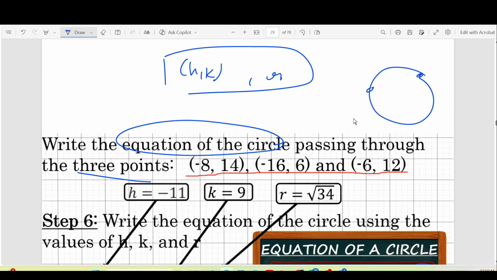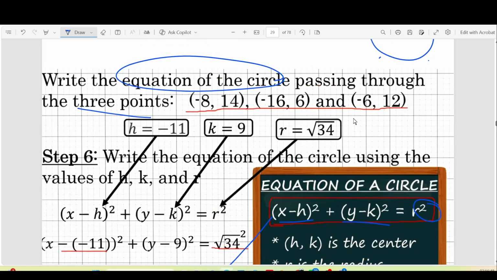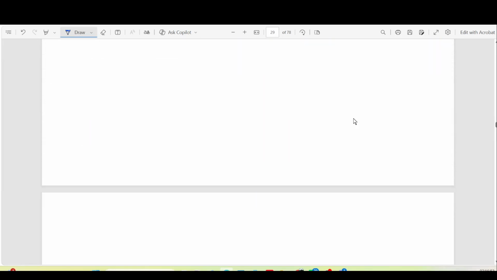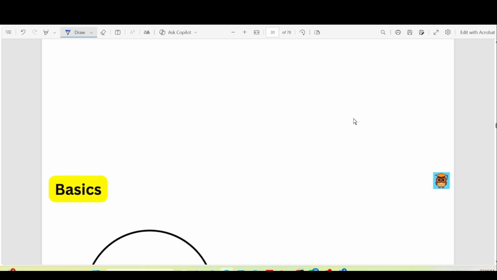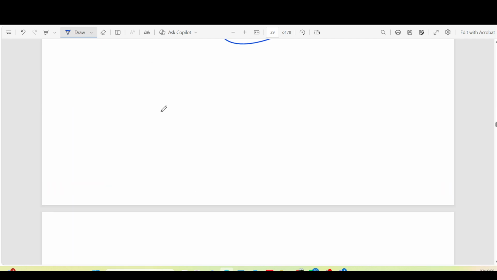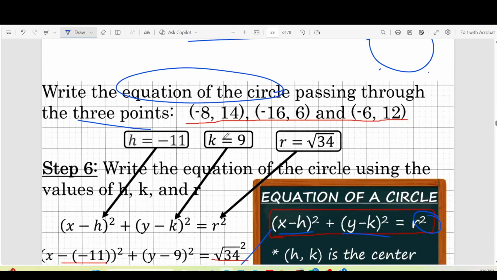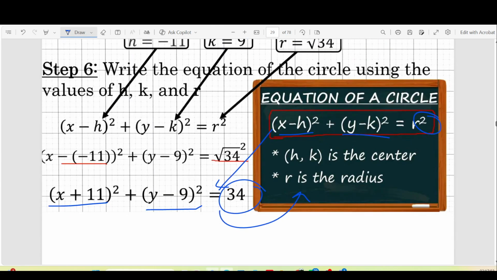We just need to do a lot of substitution and calculation, but we'll get the equation, right? Did you get that? Okay, great.